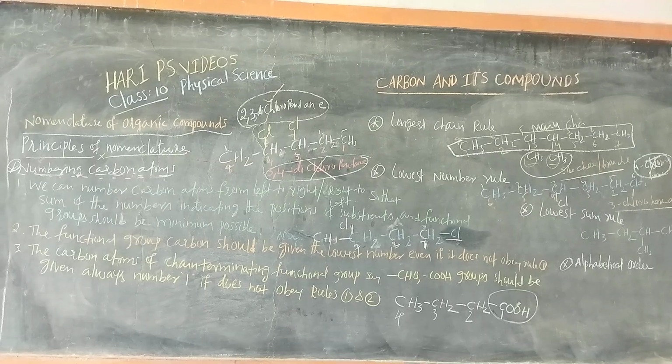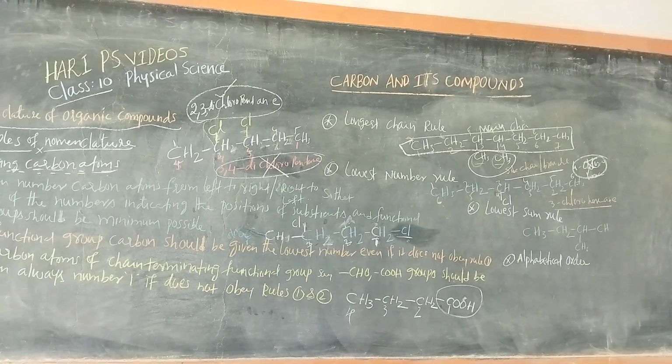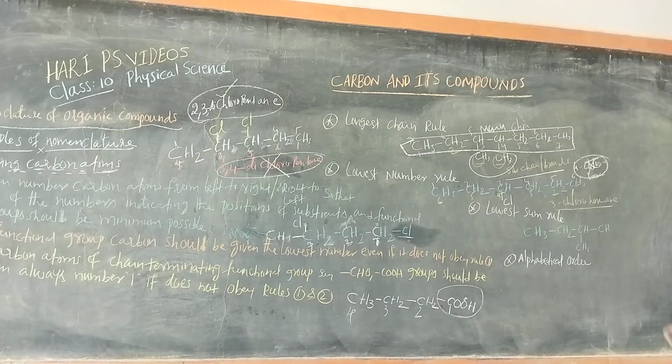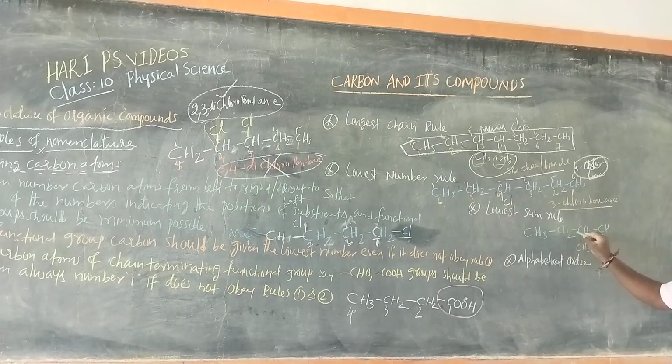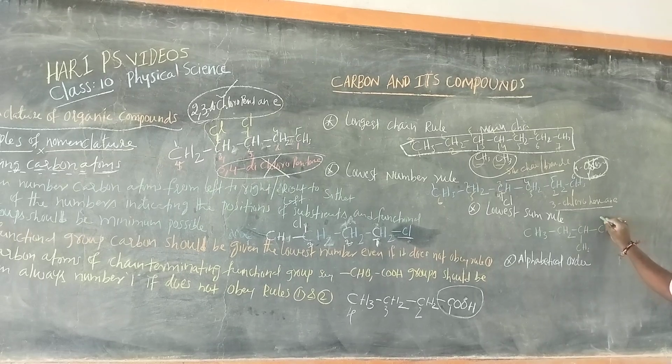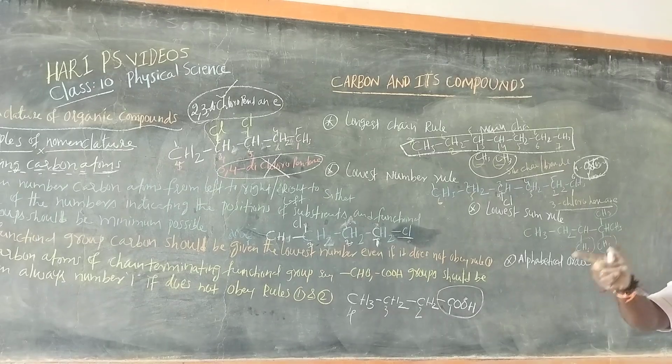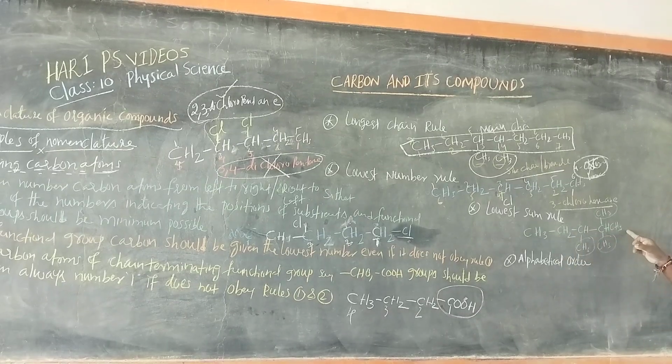Not visible, so I adjust that video. How many substituents are there? 1, 2, 3. Two or more substituents in the main carbon compound.